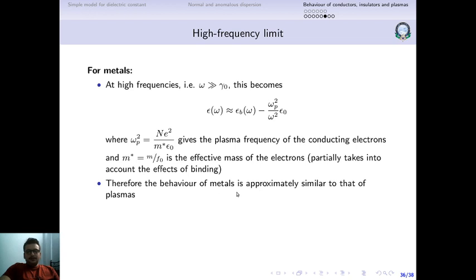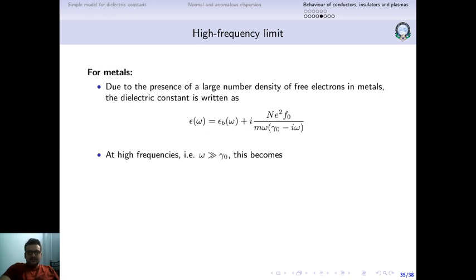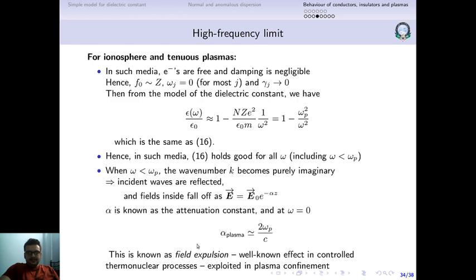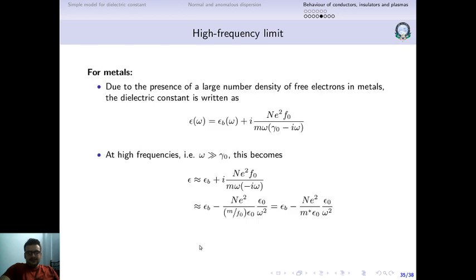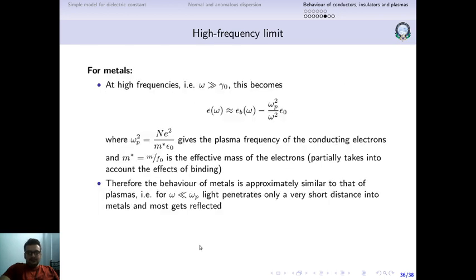Therefore the behavior of metals is approximately similar to that of plasmas. So the field expulsion that we have seen is applicable for metals also.